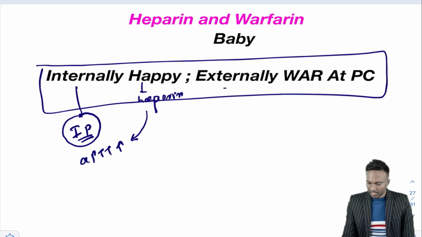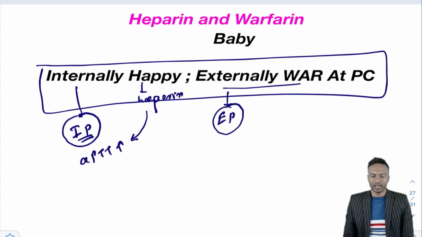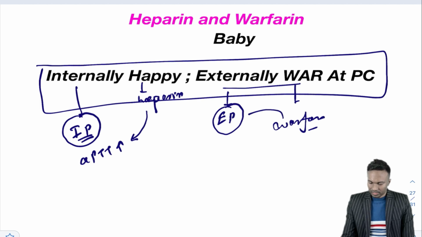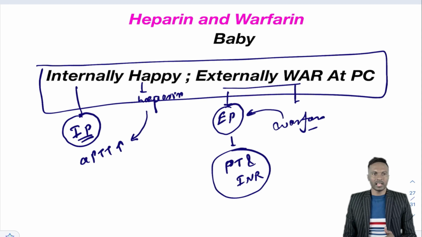And then externally war, externally means extrinsic pathway, right? War means warfarin, right? So extrinsic pathway is affected by warfarin, so PT will be prolonged, right? So it is monitored with help of PT and INR. You guys must be knowing that INR is calculated with help of prothrombin time.